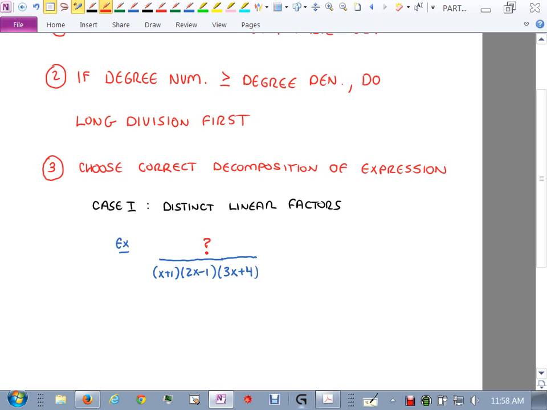Distinct means all different, right? And linear means they're all linear, right? Factors means they're multiplied, right? Each one of them is a factor.